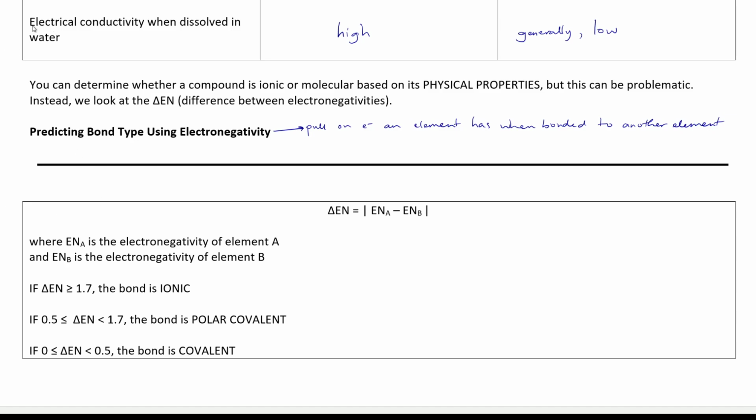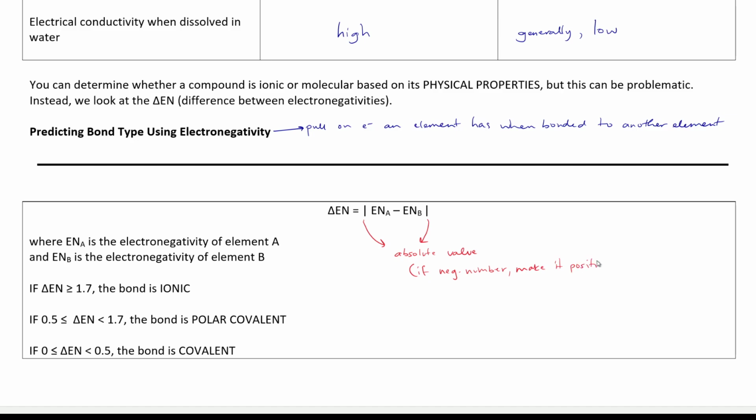Okay, so this is the way the scale works. You take the electronegativity of one element and you subtract it from the electronegativity of another element. These lines up and down mean absolute value. And what that means is if you get a negative number, you just make it positive.